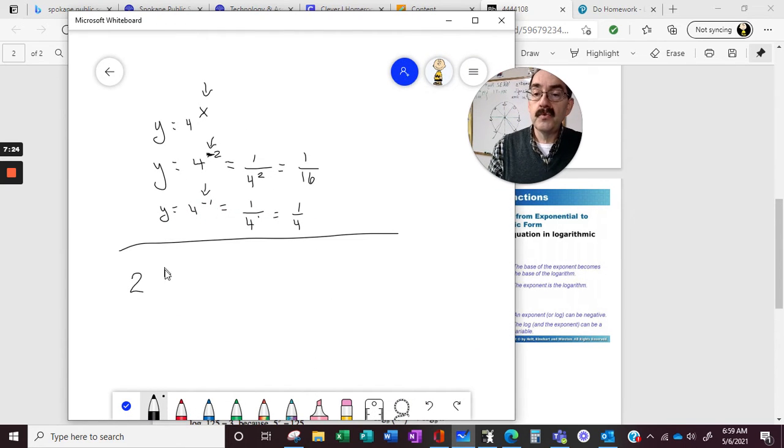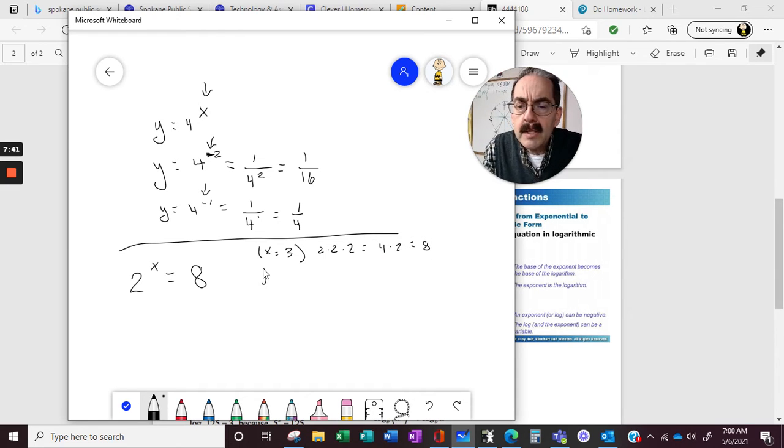If we have 2 to the x power equals 8, we know x equals 3, right? 2 to the 3rd power is 2 times 2 times 2, 4 times 2, which is 8. So now we're going to write log base 2 of 8 is equal to x.